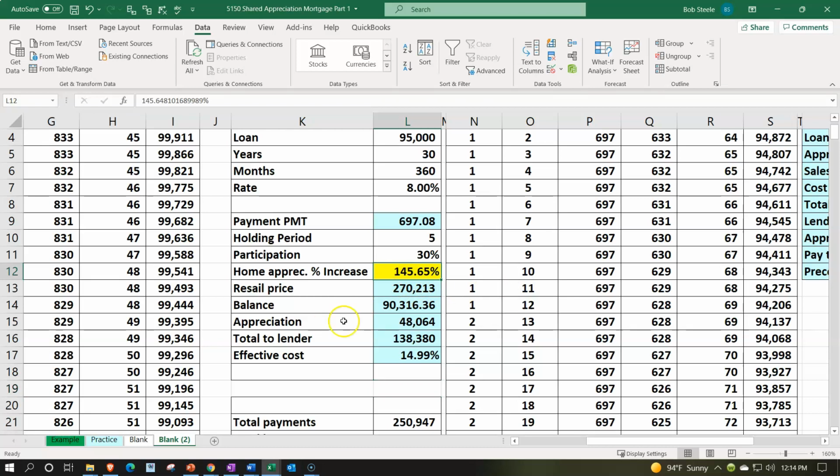So that means the property would have to go up by 145.65%, right, to 270,213 in order to achieve that effective rate, our rate of return. That might be a useful way to kind of use that tool because, of course, you can compare this project to other projects, and that internal rate of return gives a kind of time value of money involved in it.